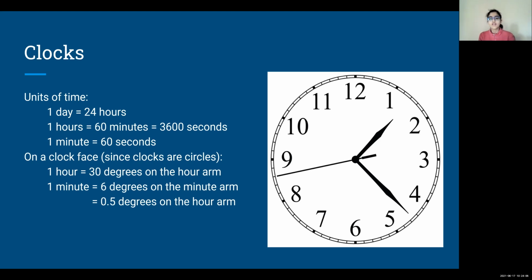Like if they're asking for the degree between the hour and minute arm, you can't just say, at 1 o'clock, it's going to be 30 degrees from 12. If it's 1:30, it's going to be 45 degrees from 12. It doesn't just automatically go from 1 to 2 every hour. It slowly goes there. So you're going to need to know it, but it won't specifically be asked.